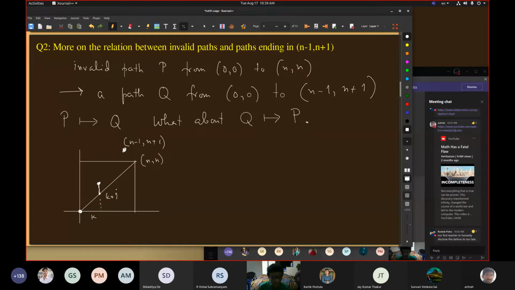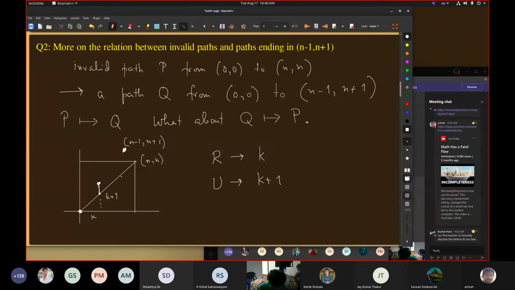The first time the path Q crosses this diagonal upward, let's say it happens at the kth instant, when k right movements are done. At that point I have k right movements and k plus 1 upward movements. I will eventually reach (n minus 1, n plus 1) along that path.